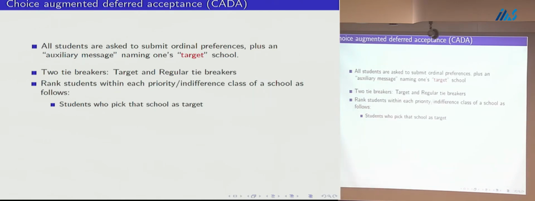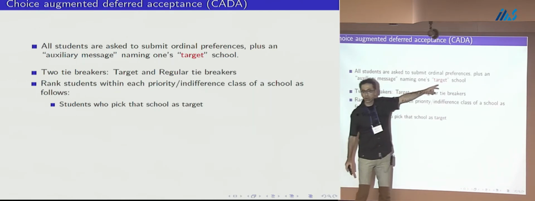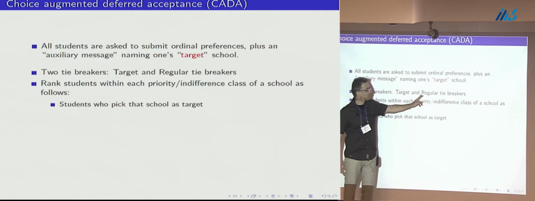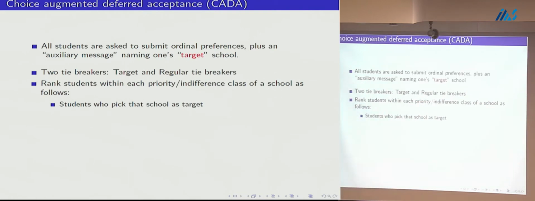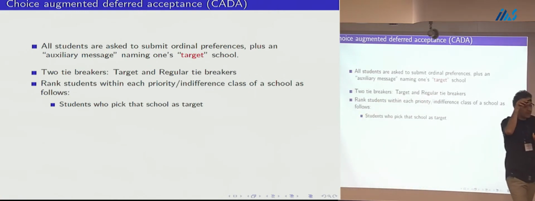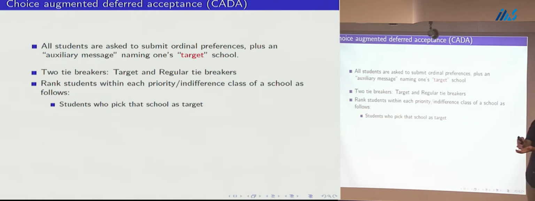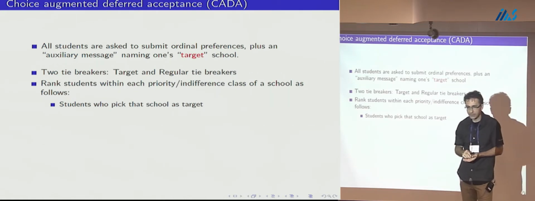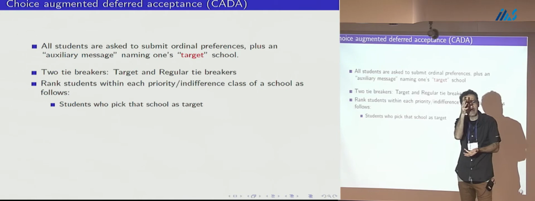So how am I going to use this message along with those tiebreakers? This is how I'm going to do it. Consider students that have the highest priority at school 1. Somehow we need to rank them in a strict order. Gale-Shapley does this randomly.